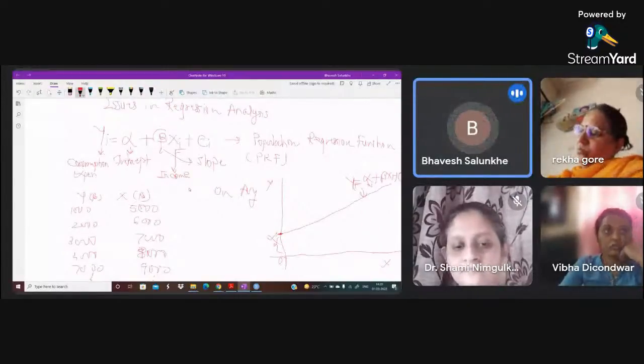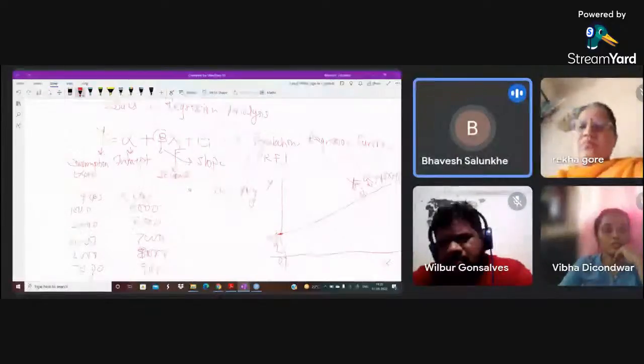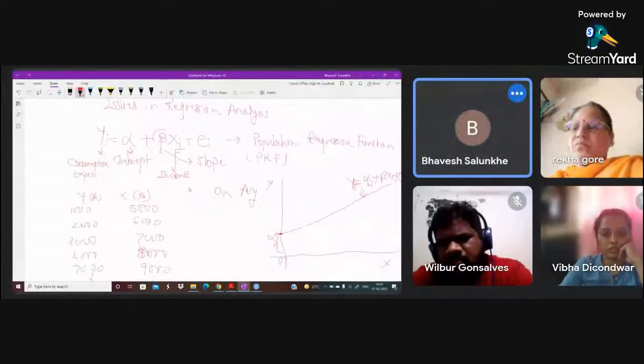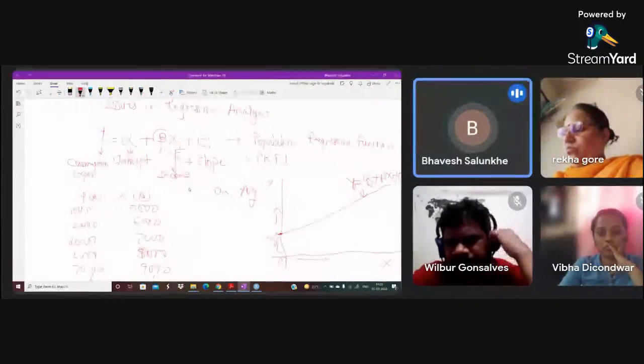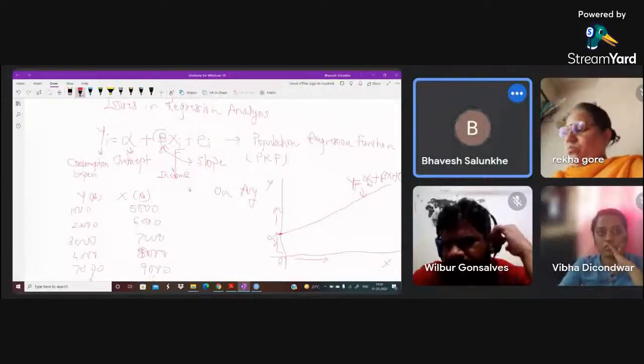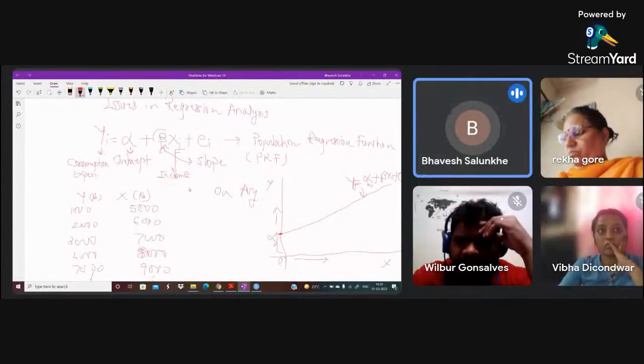So alpha will take some positive value. And as X changes from here to here, there will be a change in Y. And that change in Y, when X changes by an additional unit, is given by beta. Is that clear, participants? Sorry, not students. Is that clear?